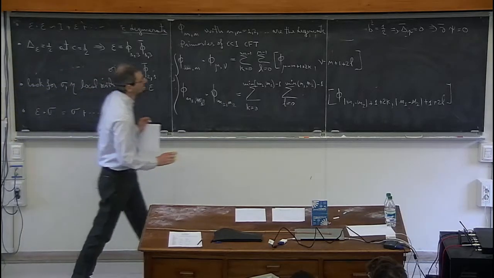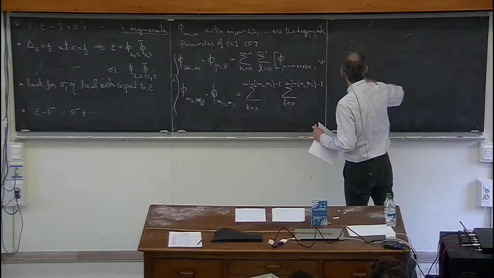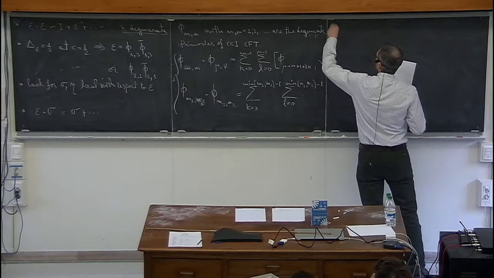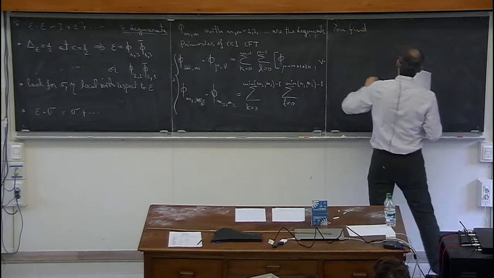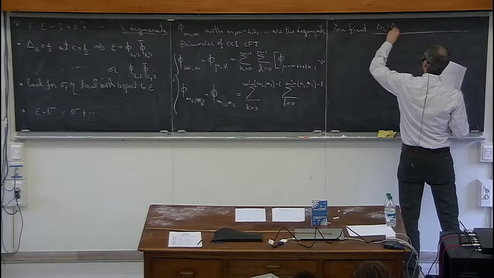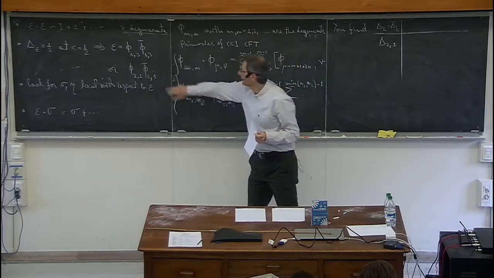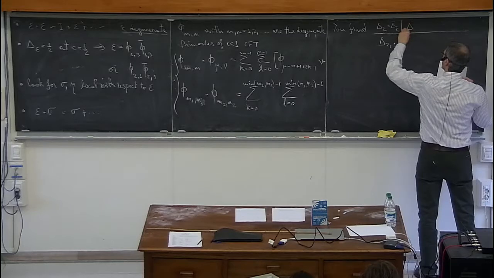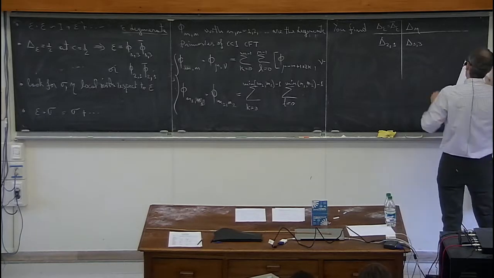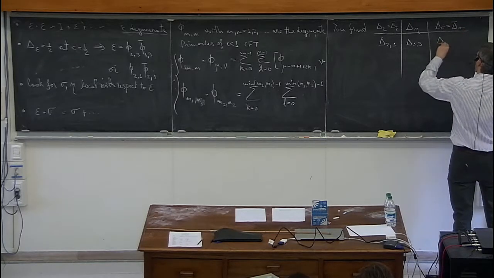Okay, so if you do this, you find, according to these two possibilities for delta epsilon, in the case 2, 1, that for delta eta you find delta 1, 3, and for delta sigma, which is equal to delta bar sigma, you find delta 1/2, 0.